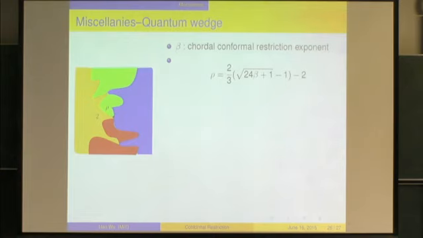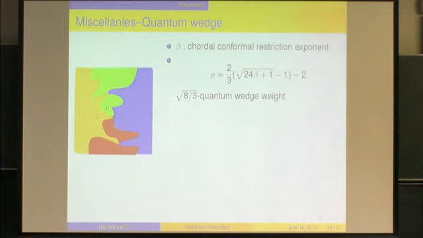But why is this the rho? In fact, it corresponds to a quantum wedge weight. It means we can view a chordal conformal restriction sample as a quantum wedge with weight rho. It's actually the same rho as we introduced in the construction of the random set.